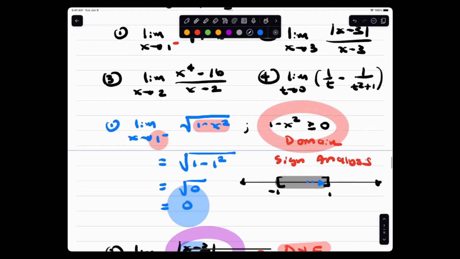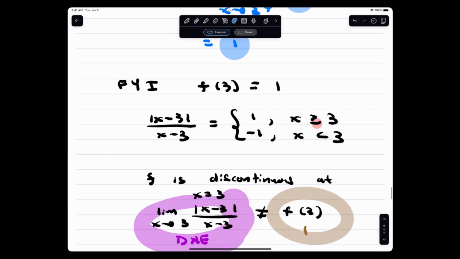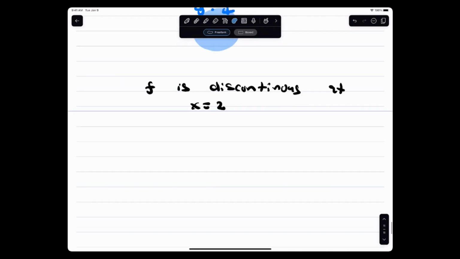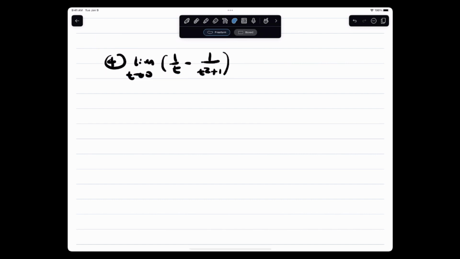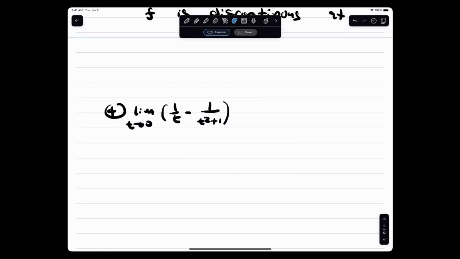Number 3. And then what about number 4? Right? Number 4 is interesting as well. Now, let me make sure I even copied it correctly.